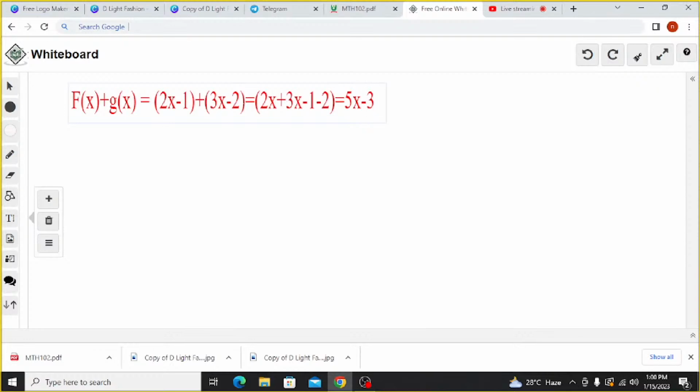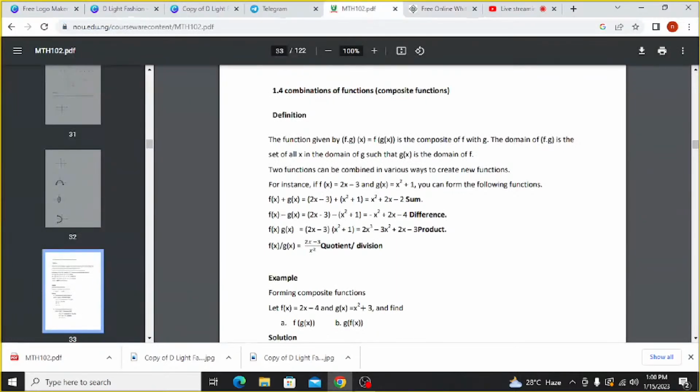So we call this one the sum of a function, because the sum sign is the operator we use. So we call it sum.